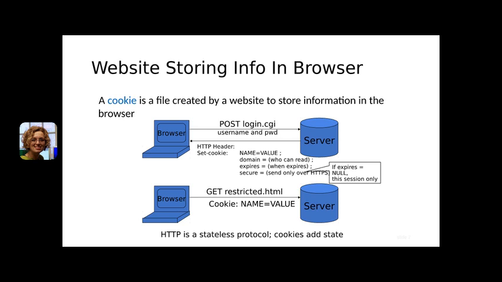It could be something like cofc.edu, that's a domain. Then there's when the cookie expires, because we said they have to expire, and we will discuss security issues when they don't. And then the nature of the cookie, like send this only over HTTPS for security. So this field defines that.